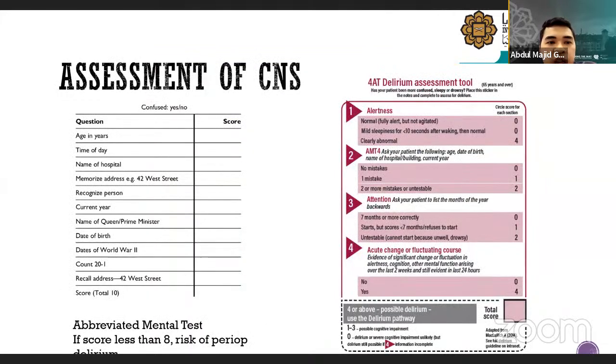Based on this, we assess using the abbreviated mental test. If the score is less than 8 on the abbreviated mental test, the patient has a high risk of developing delirium. We can also test using the 4AT test. If the score is more than 4, the patient has a high risk of developing delirium.